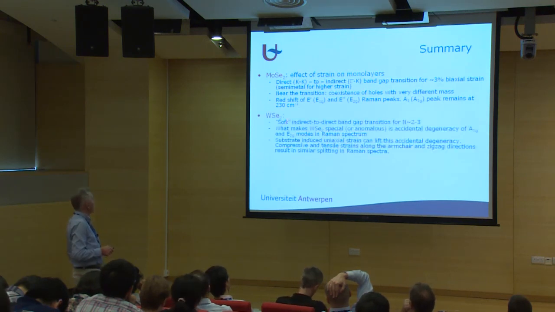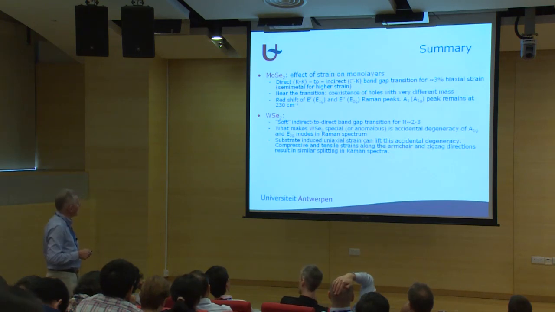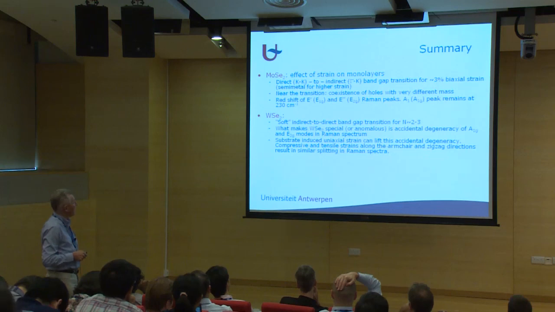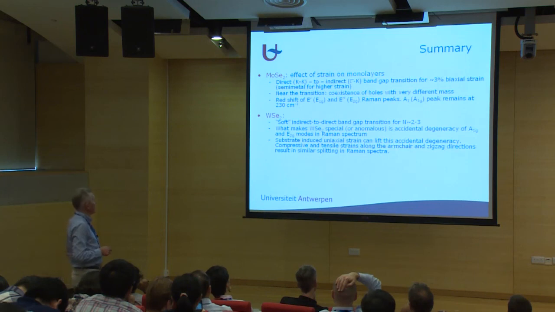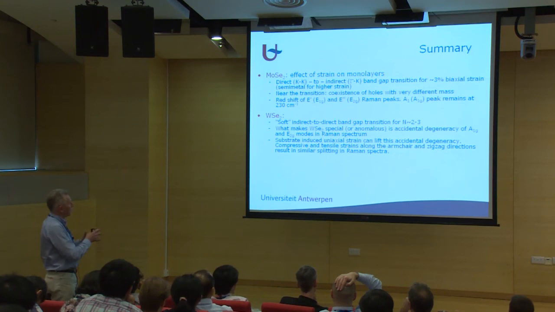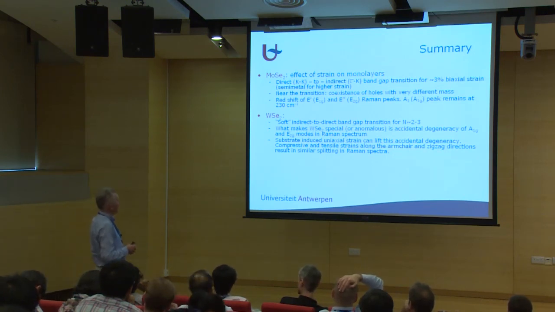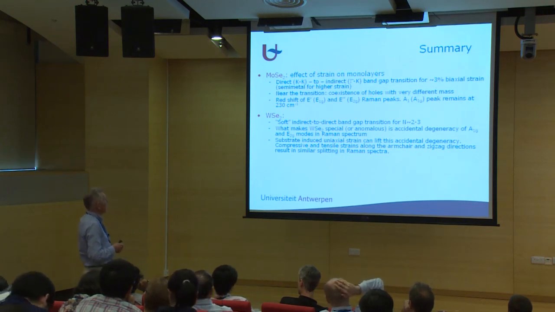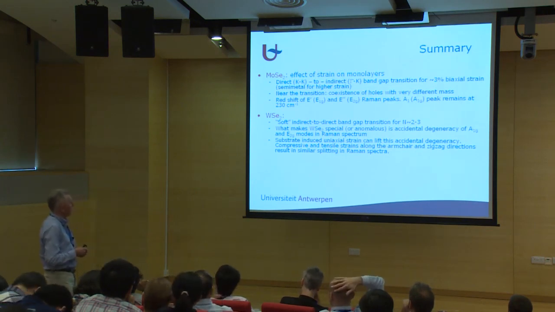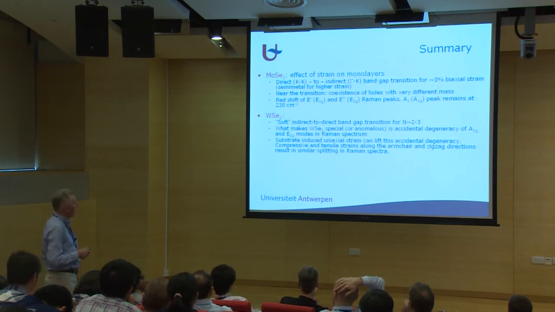In tungsten diselenide, the electronic properties are rather different. You get a softer indirect to direct band gap transition. And what makes this material so special is that you get an accidental degeneracy between the A and the E Raman modes. And the experimentally observed appearance of an extra Raman mode, we think, is a consequence of strain induced by the substrate.